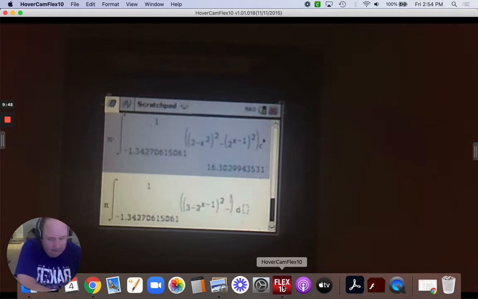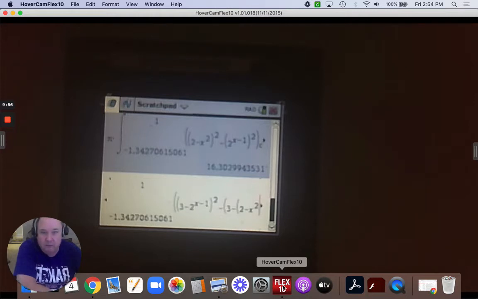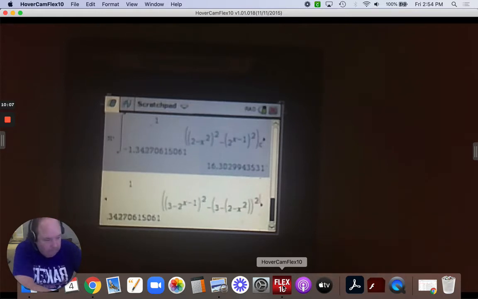Subtract parentheses 3 subtract parentheses 2 subtract x squared parentheses, oops, and then another parentheses. No, the other one's already there. Square it, and then dx. So try to be detailed.